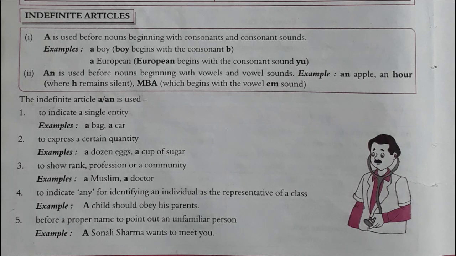Similarly, the abbreviation of Master of Business Administration, MBA. When the word MBA is pronounced, you will very well be able to identify if you just give a little bit of emphasis on the pronunciation. MBA.